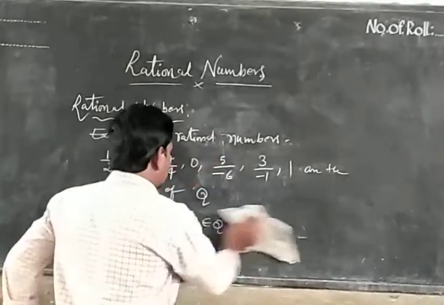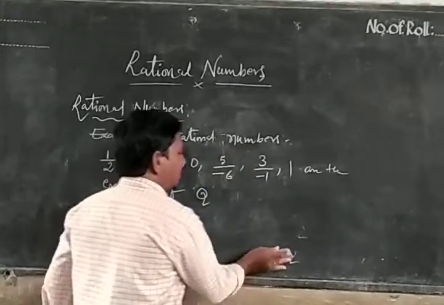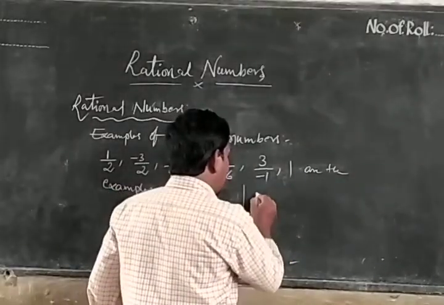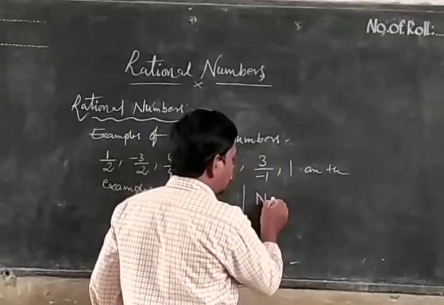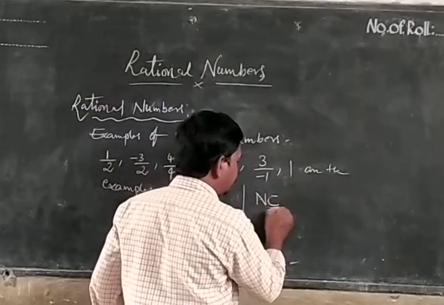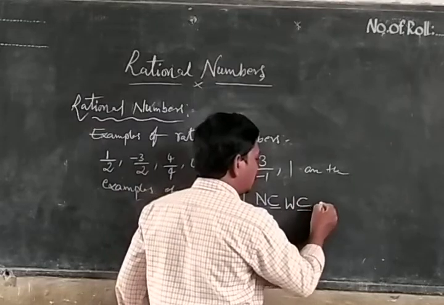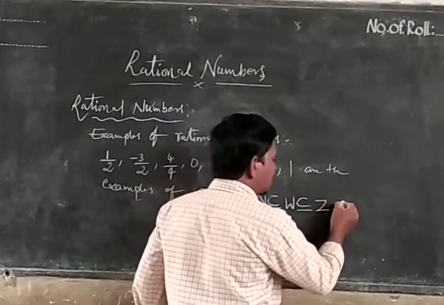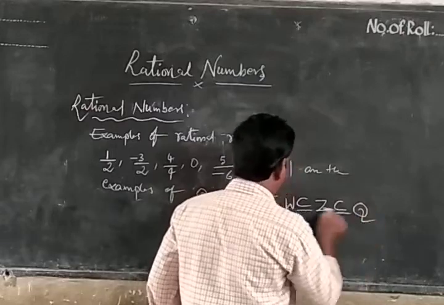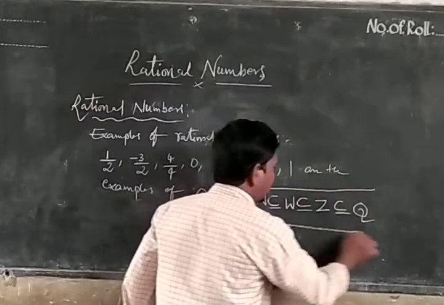So we can observe here that natural numbers are a subset of W, which is a subset of Z, which is a subset of Q. You can observe like this.